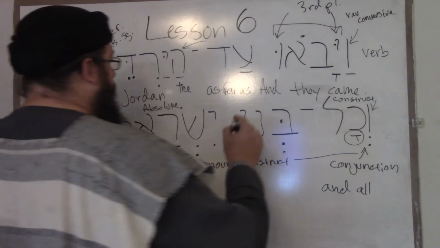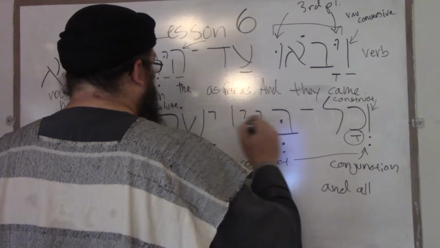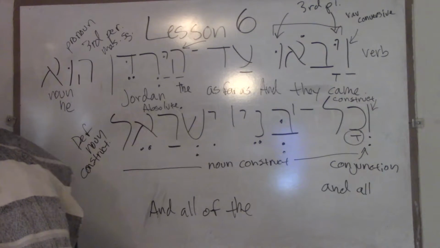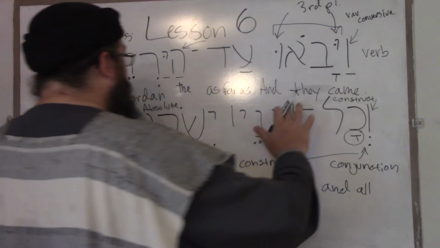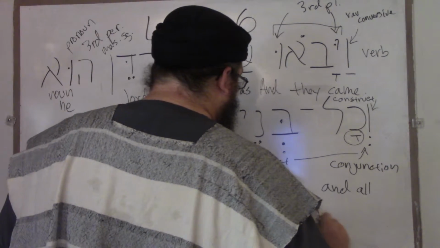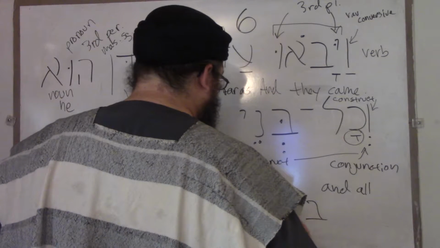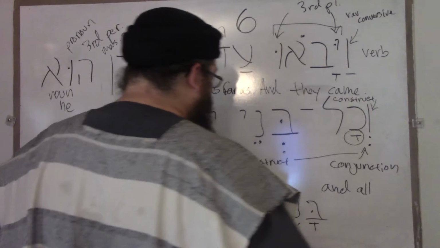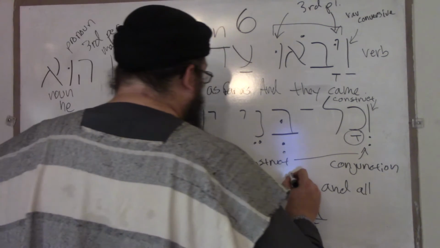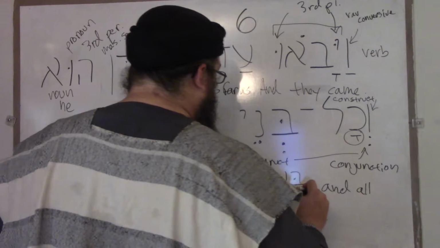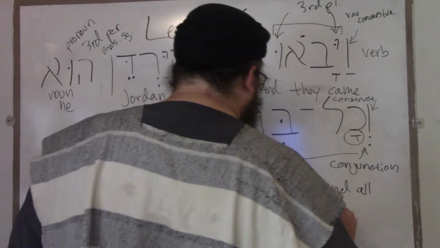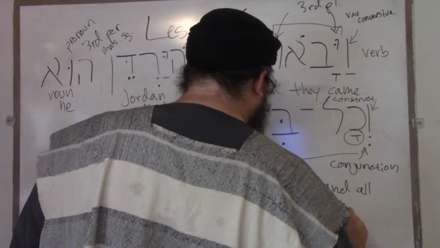So the second thing we have is we're going to see that here the word b'nai is in its construct form. Okay? And why is it in its construct form? Well, the word we have here is banim. The word banim is the plural form for ben, which is the word for son. So banim is either sons or children.